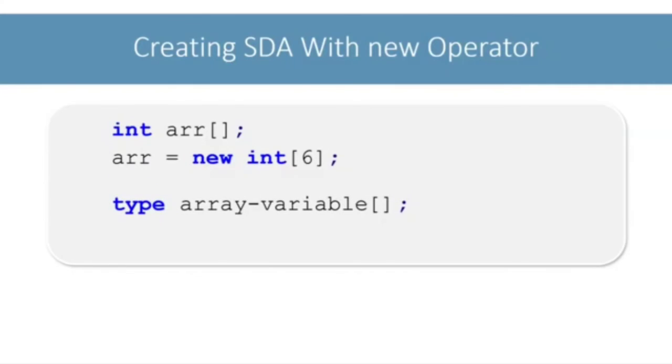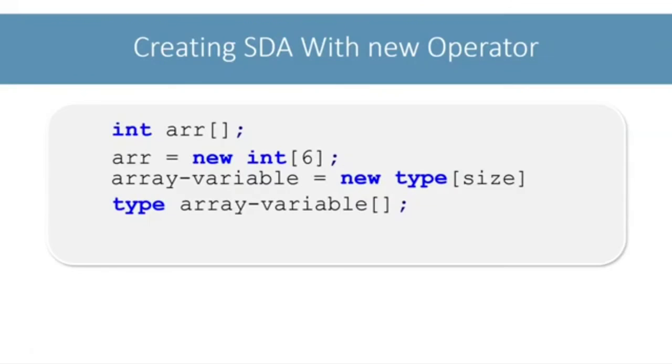The general syntax for this is array variable, then equal to sign followed by the new operator and the data type of the array. In this format, we need to explicitly provide the size or length of the array in square brackets, which is this last part. Finally, we end the statement with a semicolon.